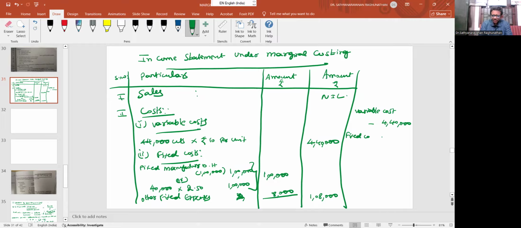Fixed cost 1 lakh 8,000. Then what is the total cost? 5 lakhs 48,000 is the total cost. Sales is nil only. Total cost is 5 lakhs 48,000.